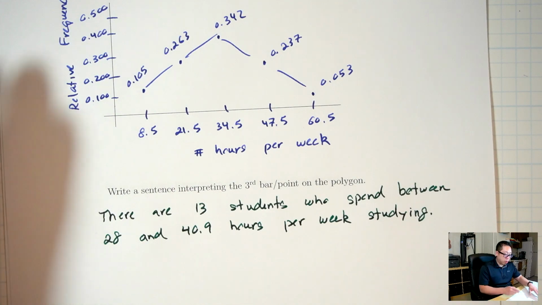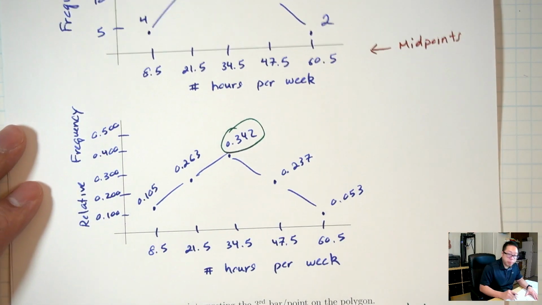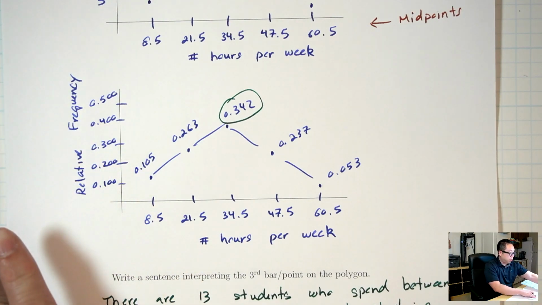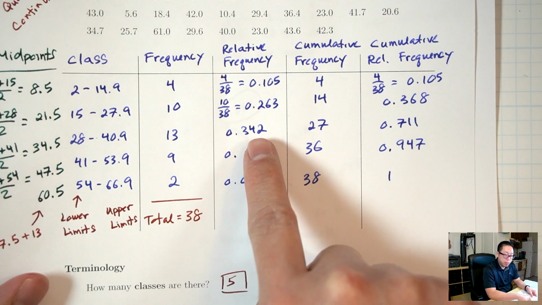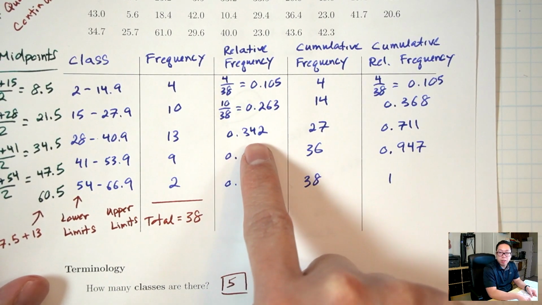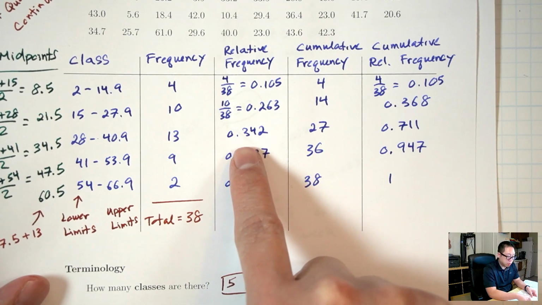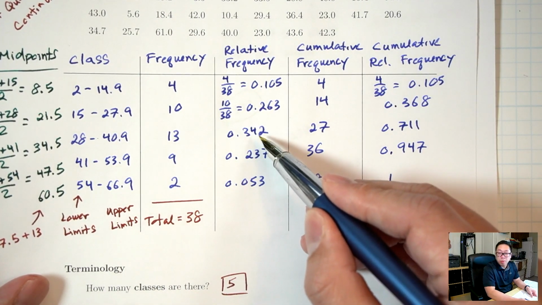Okay. The third point on my relative frequency polygon is this one, which from my table is this number. So this number, anytime you interpret a relative frequency, convert it to a percent. So convert this to a percent, move the decimal 2 to the right. So that's 34.2.